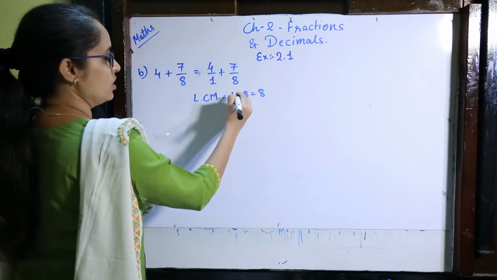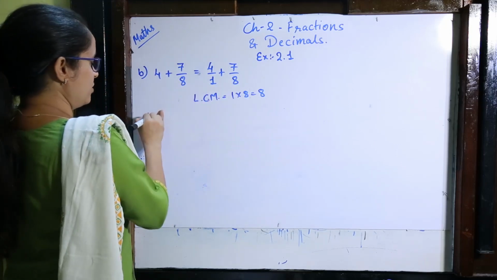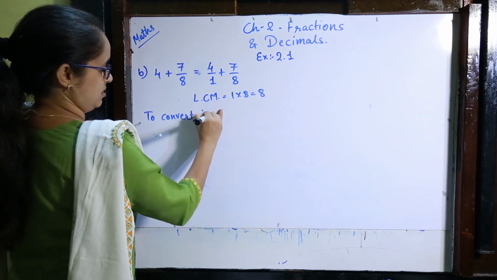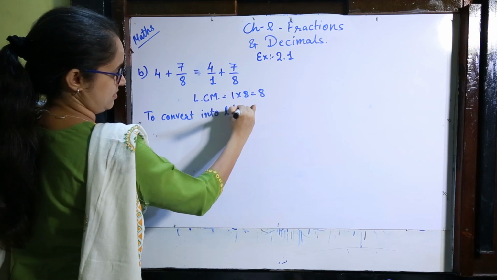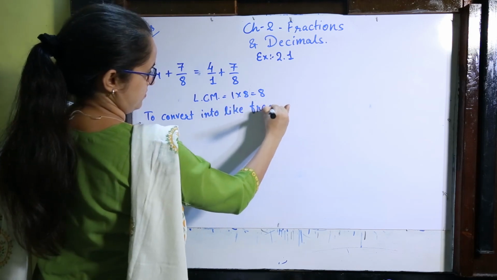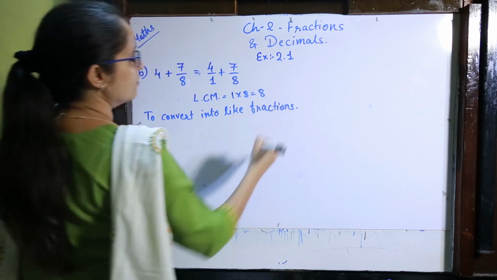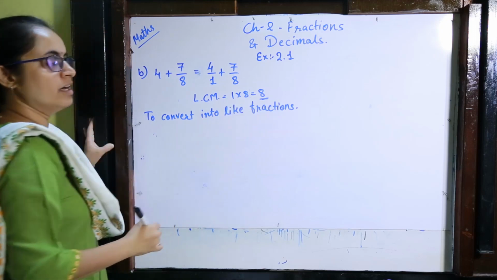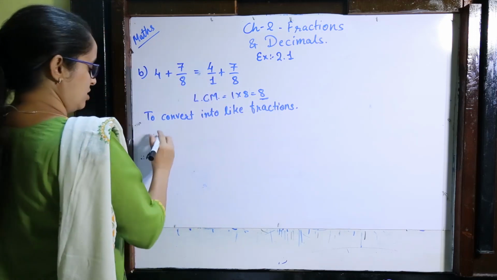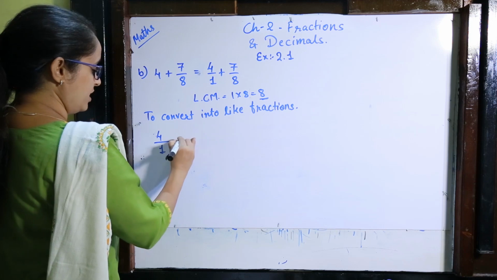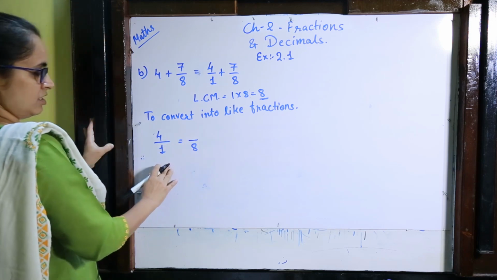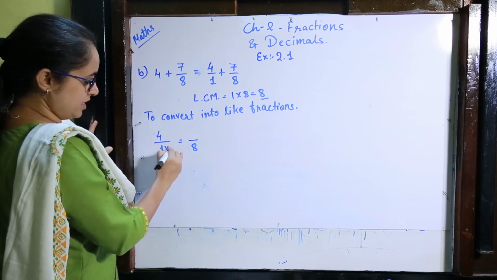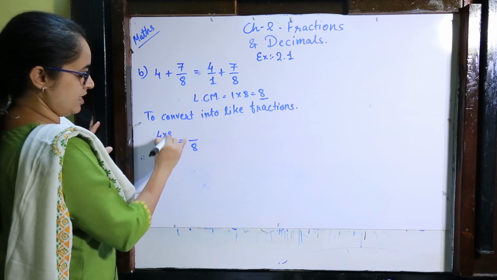To convert into like fractions, you have to keep the denominator 8 in both fractions. So to make the denominator 8 in the first fraction, you have to multiply the numerator and denominator with 8.